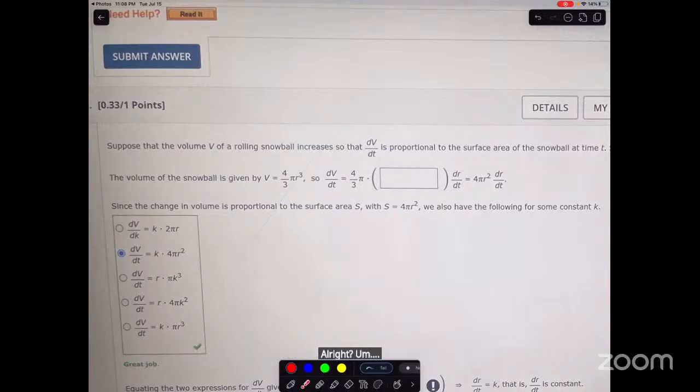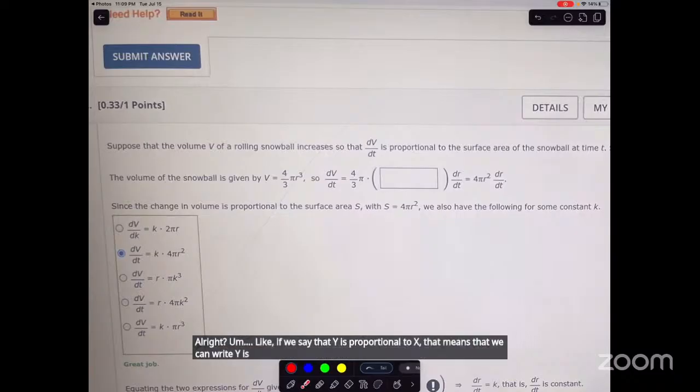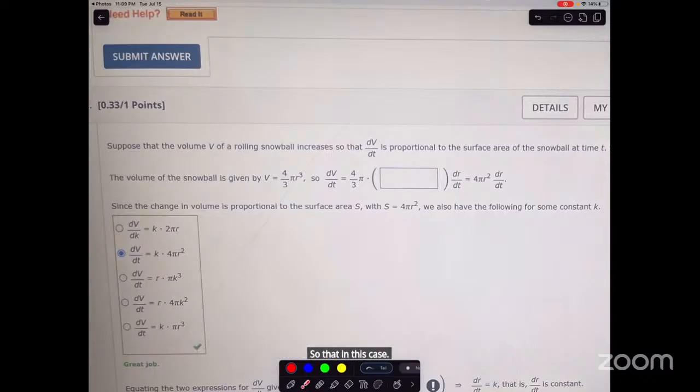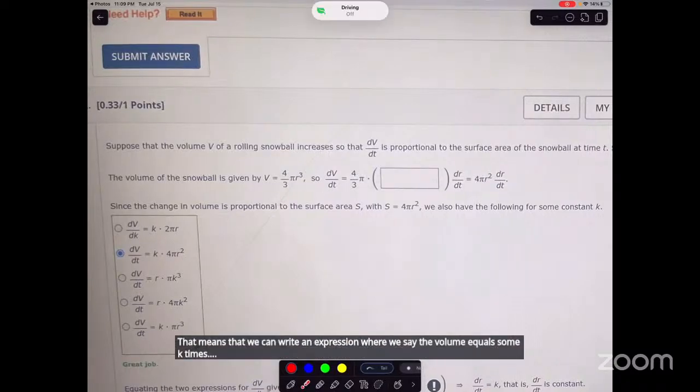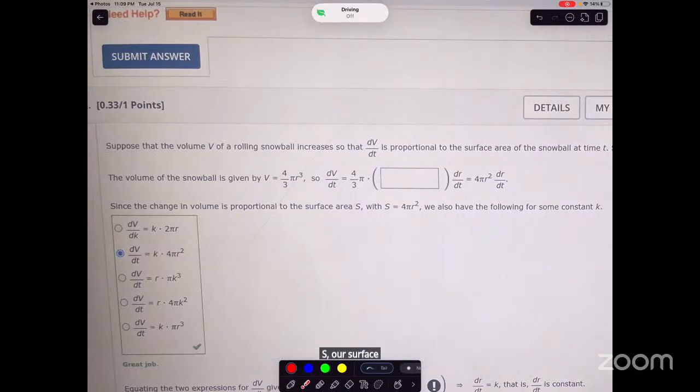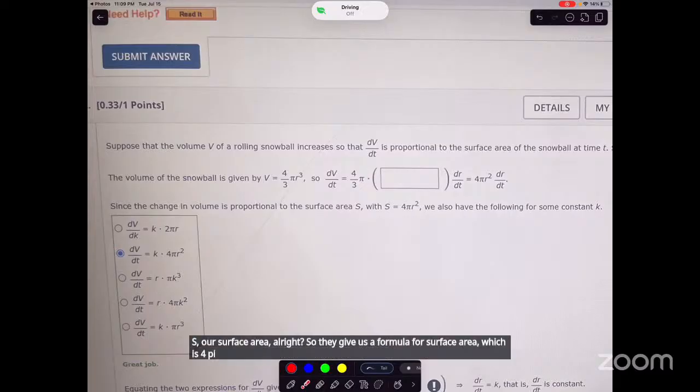Like if we say that y is proportional to x, that means we can write y equals some k times x. In this case, the volume is proportional to the surface area, so we can write volume equals some k times S, our surface area. They give us the formula for surface area, which is 4 pi r squared.